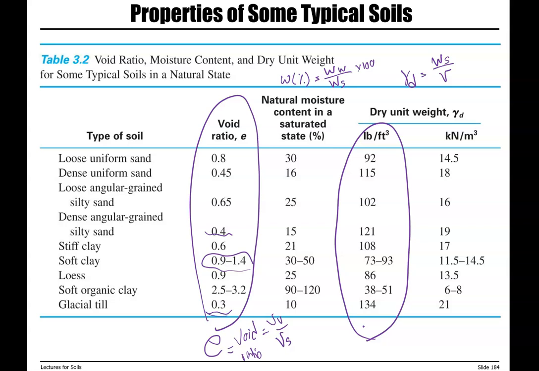The range of numbers can go as low as 70, 38 for soft clay, and even worse than that is soft organic clay, so it goes lower. And then when we have a stronger material, dense uniform sand, it goes up to 115, and even here it goes to 134.